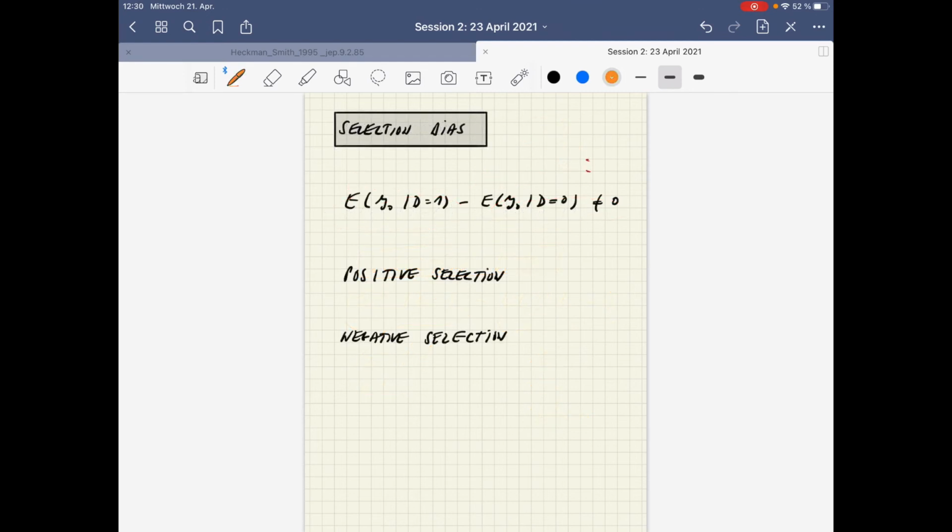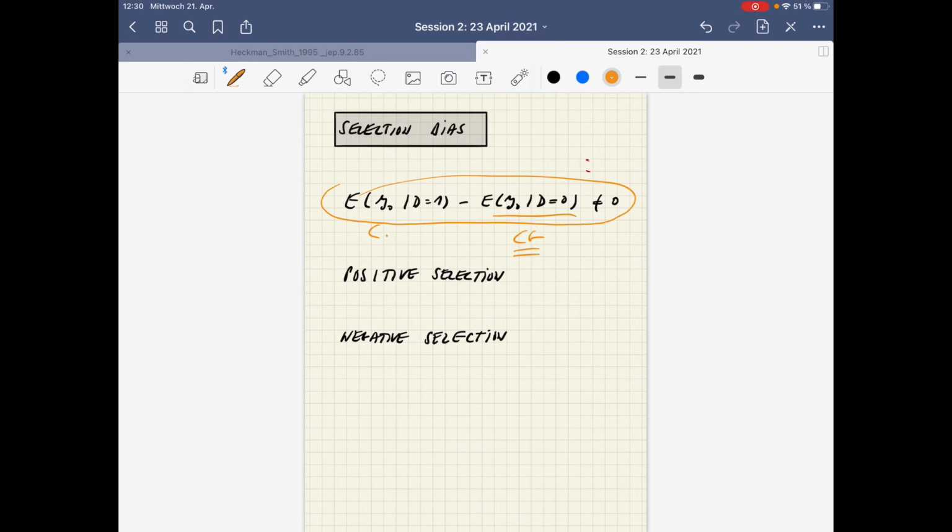Once again, the selection bias is the difference between the unobservable counterfactual and the observable control group behavior. And if the difference is non-zero, then we are in a world with selection bias.